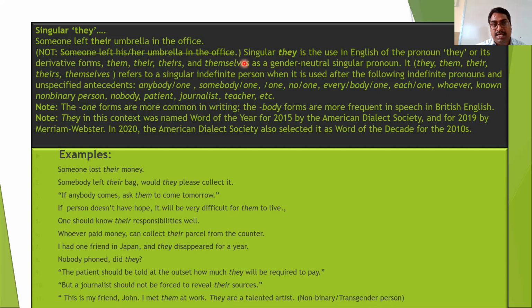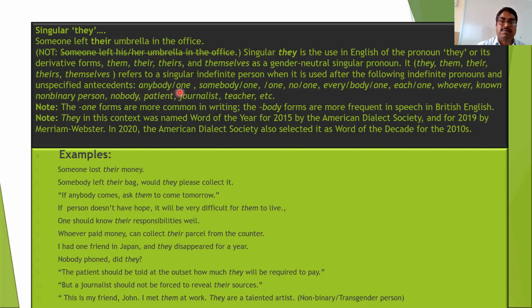This singular they is a gender neutral singular pronoun. It, that is they, them, their, theirs, themselves, refers to a singular indefinite person when it is used after the following indefinite pronouns and unspecified antecedents.